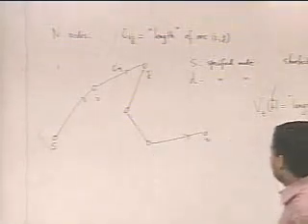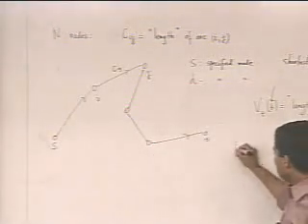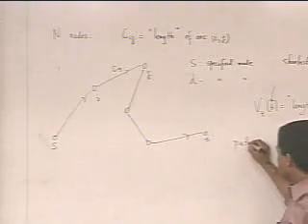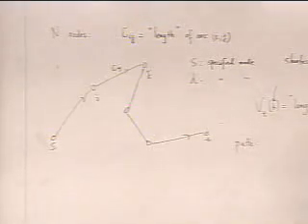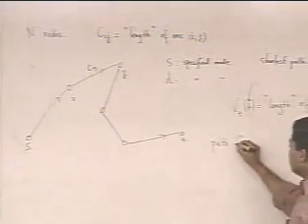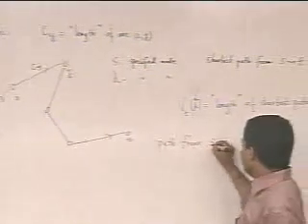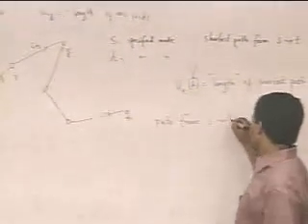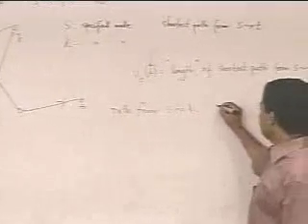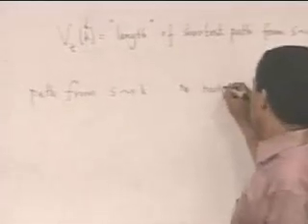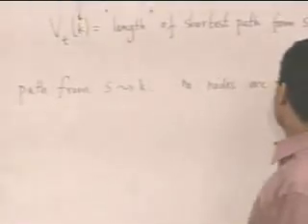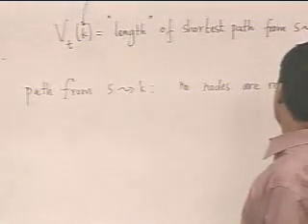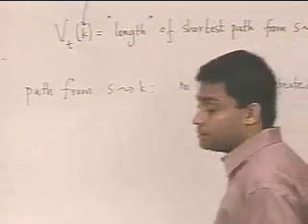So let's concretize the ideas a little bit. A path from S to T or S to K, we would mean that no nodes are repeated. This is what I'll call the definition of a path.